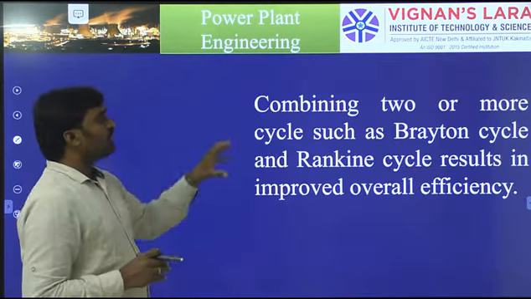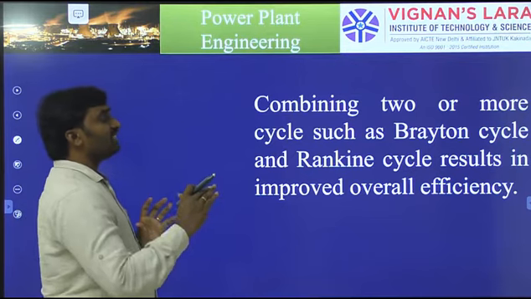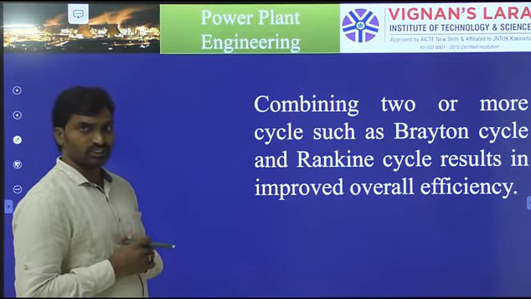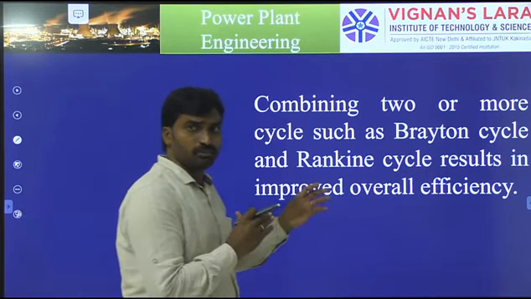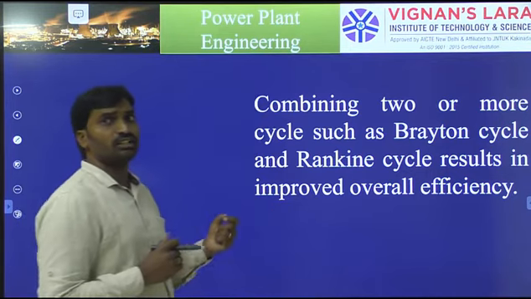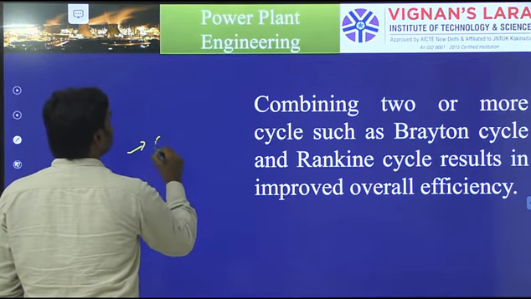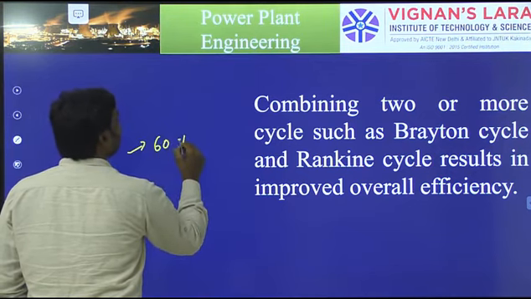Combining two or more cycles, such as the Brayton cycle and the Rankine cycle, improves the overall efficiency. In the results, the efficiency is around 60% for combined power plants.